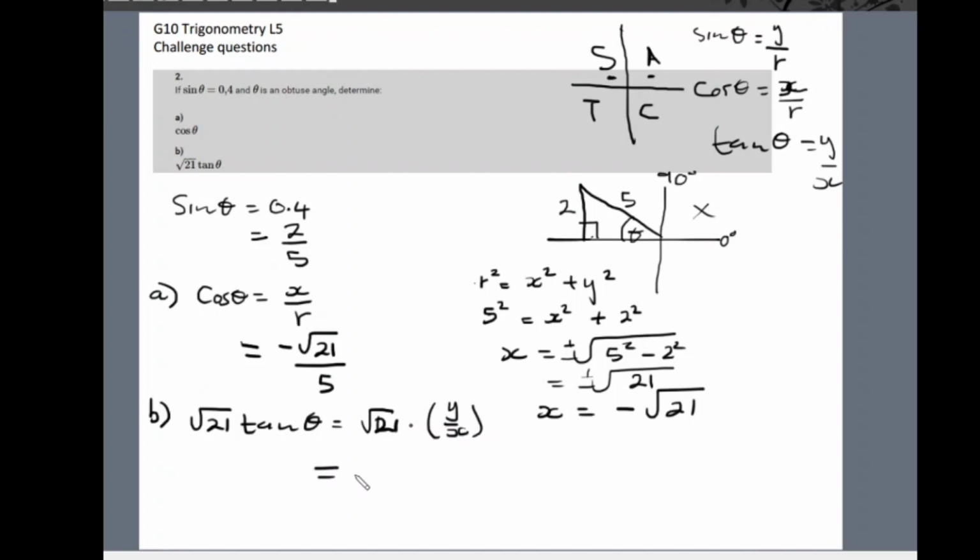And then we know ukuthi y is 2, x is minus the square root of 21, right? So when you punch this in your calculator or simplify, you will see ukuthi this expression is equals to minus 2, right? So question 2.